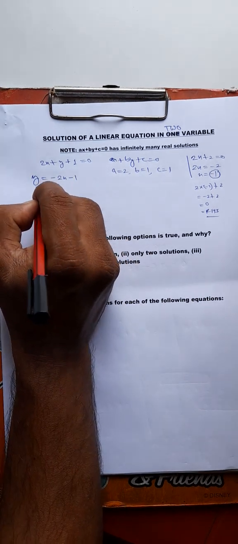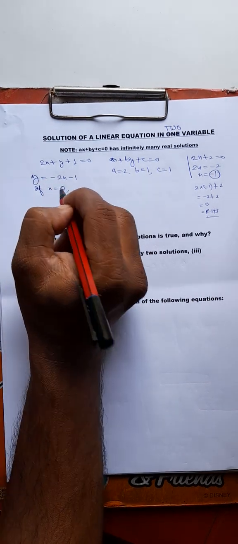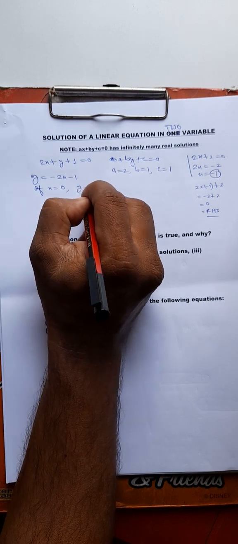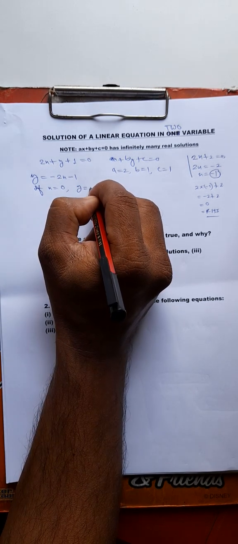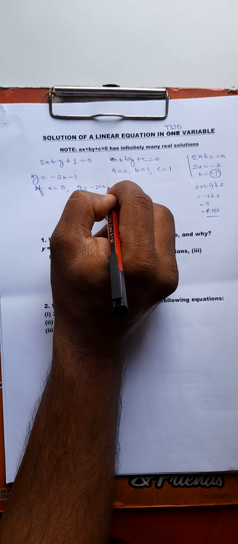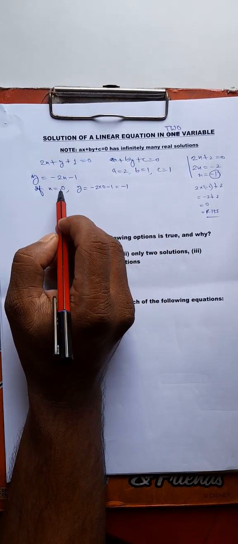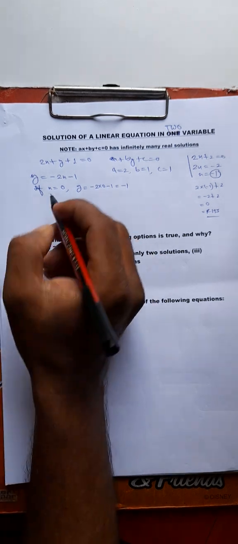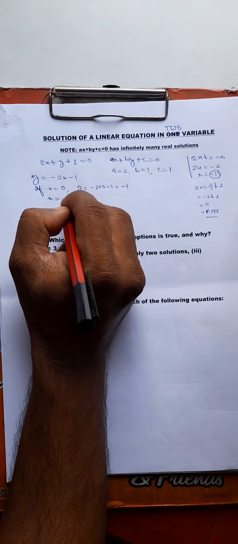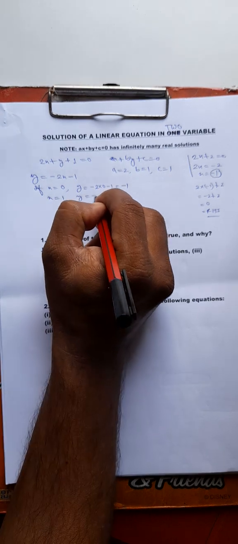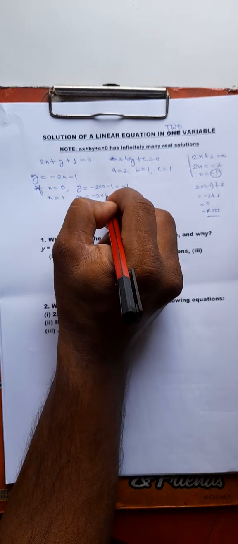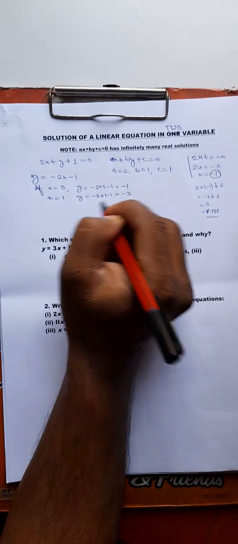Now say if x equal to 0, then what would be y? Y equal to minus 2 into 0 minus 1. Answer is minus 1. That means if you put x equal to 0, you get y equal to minus 1. X equal to 1, in that case y will be twice of 1 minus 1, that is minus 3.